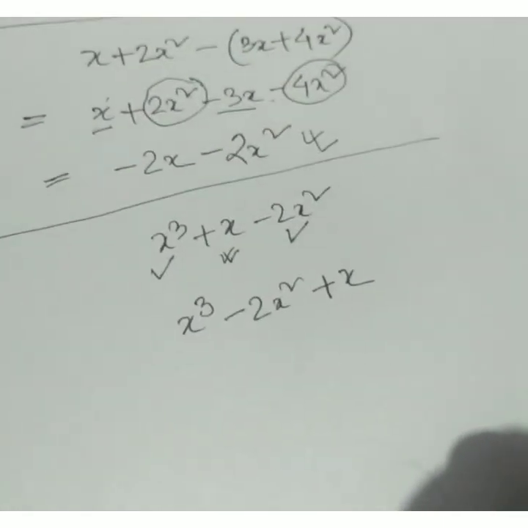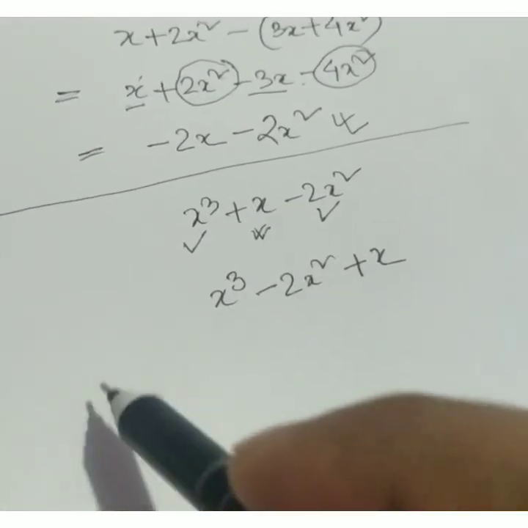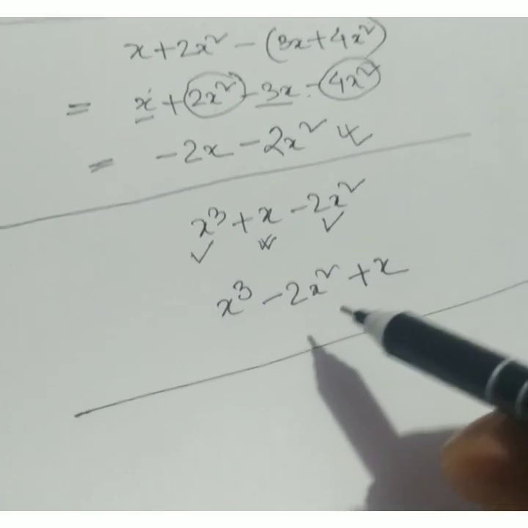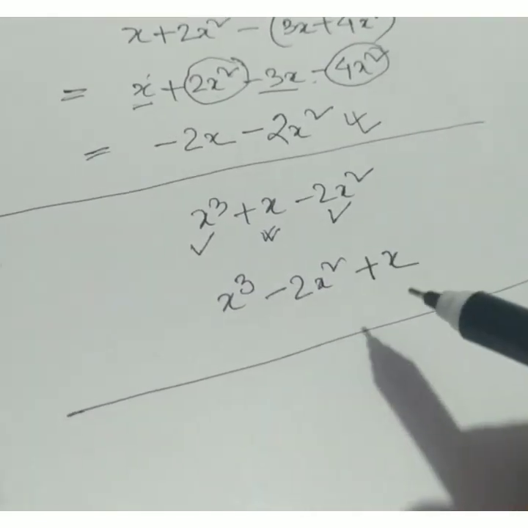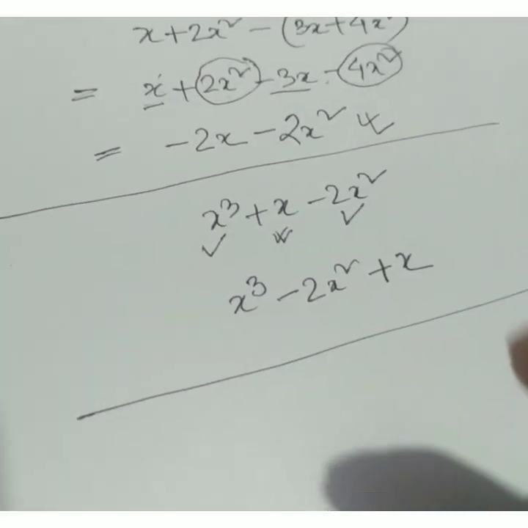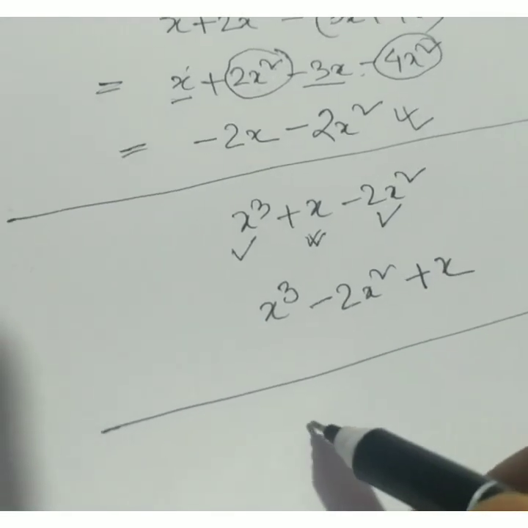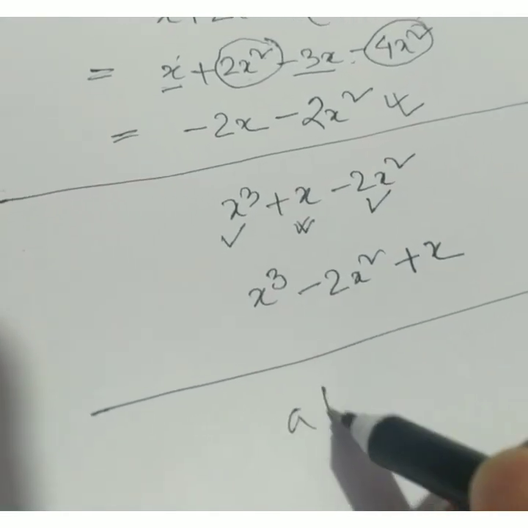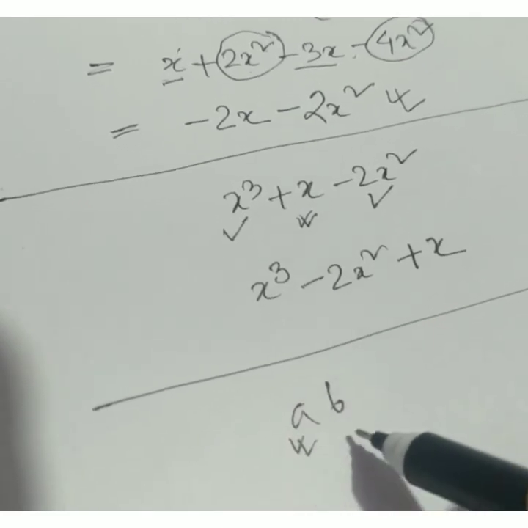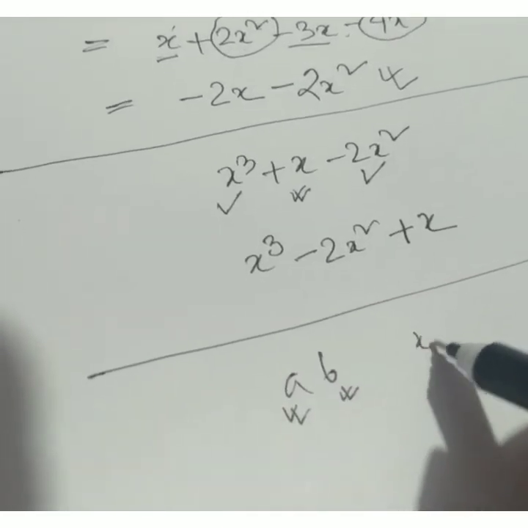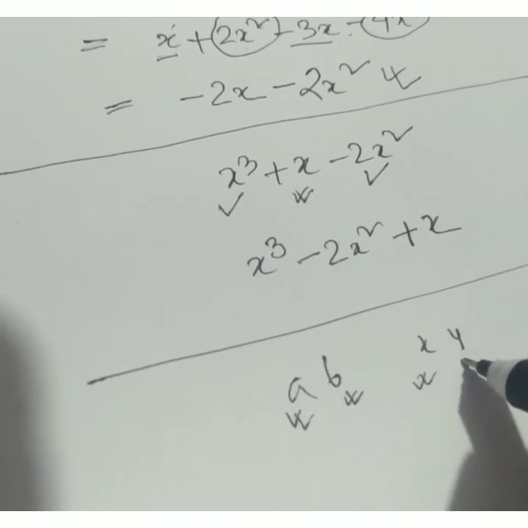Okay, and you will also see some problems have more than one variable. In that case, if we have a and b, we usually start with a then b. If we have x and y, we usually start with x then y.